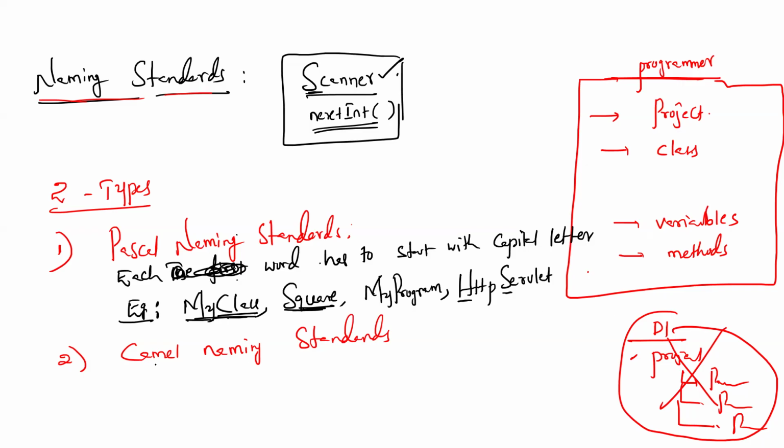Then what does camel naming mean? The first word has to be in lowercase letters. So here the first word has to be in lowercase letters, but in Pascal each word has to start with a capital letter. Here the entire first word has to be lowercase.